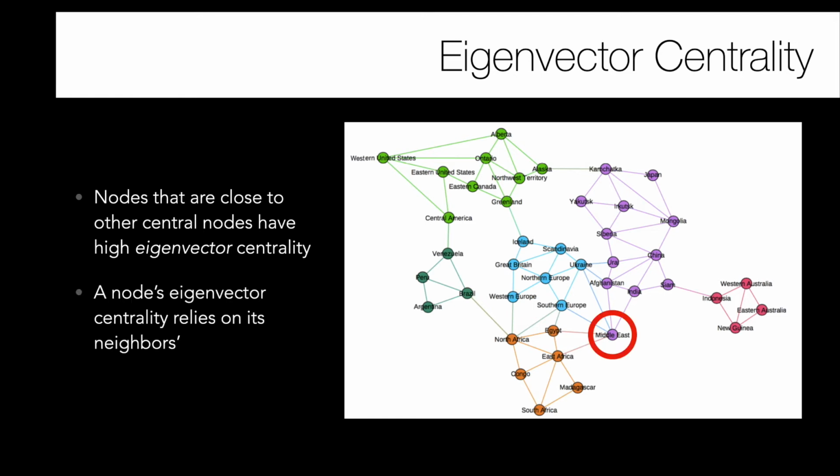Here we can see that the Middle East has a high eigenvector centrality because it's pretty core to Egypt, East Africa, India, Afghanistan. It has a high number of nodes, and all the nodes that it's close to also have some importance in the structure. Similarly, if you look at the Risk map, Ukraine provides a bridge from Asia to Europe.